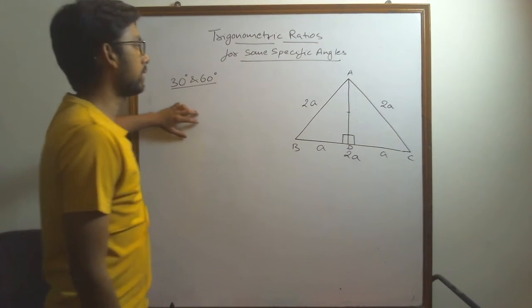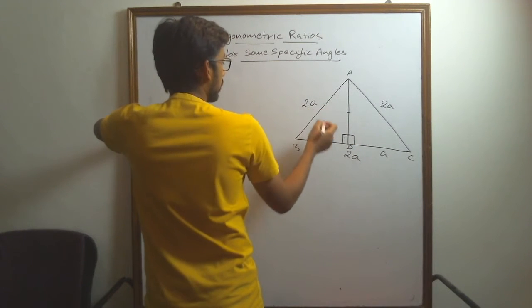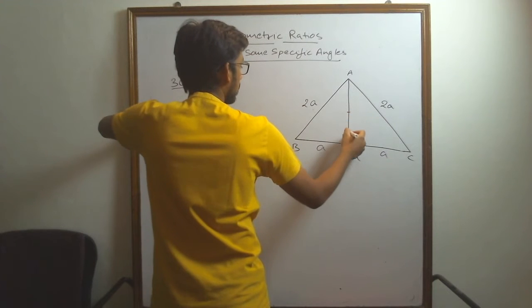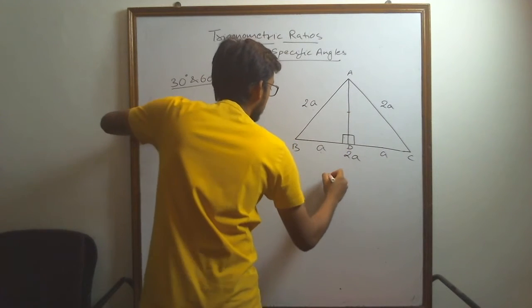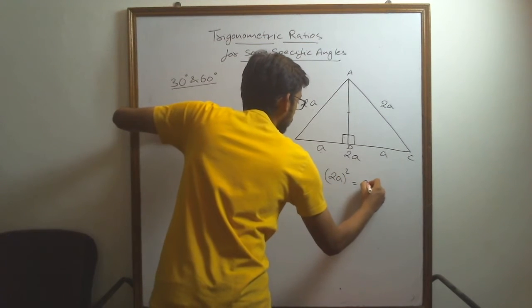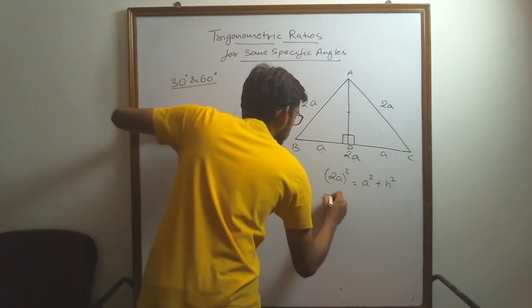Correct? Alright. So now this angle is 90 degree, hypotenuse is 2A, adjacent is A. What is this side? Let's use Pythagoras theorem to find this side. We will get 2A whole square will be equal to A square plus, say this is H, so H square.